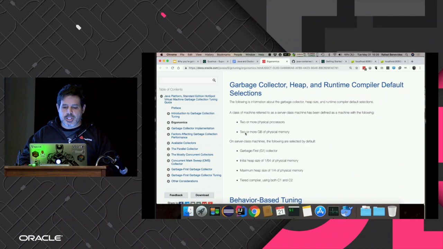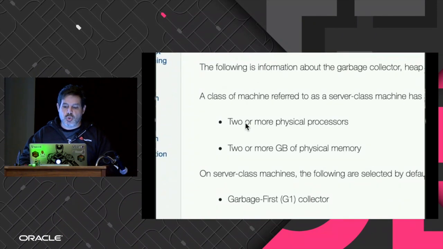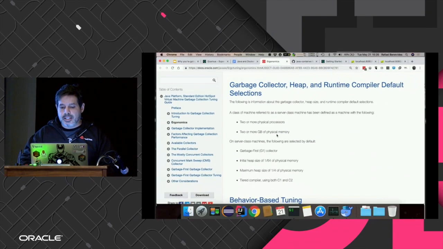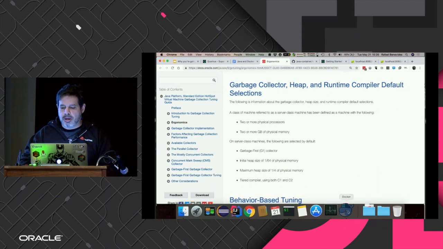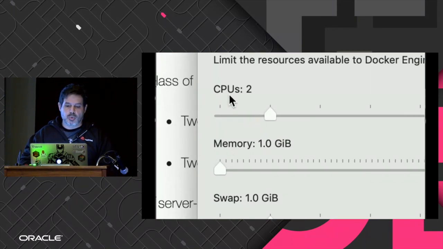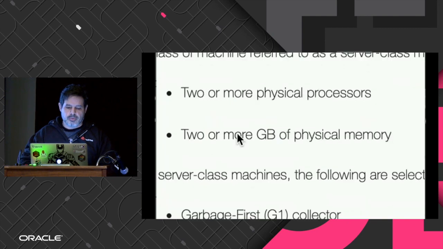A server class machine is any machine that has 2 or more processors and 2 or more gigs of physical memory. In this case, I have 2 or more physical CPUs.